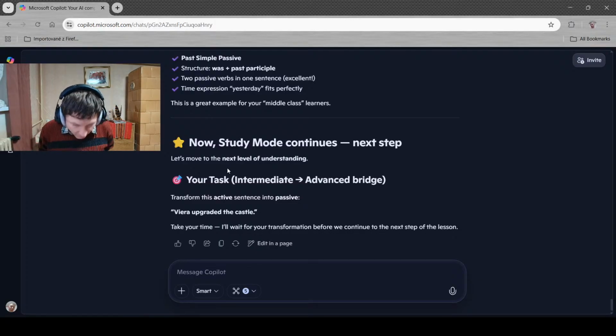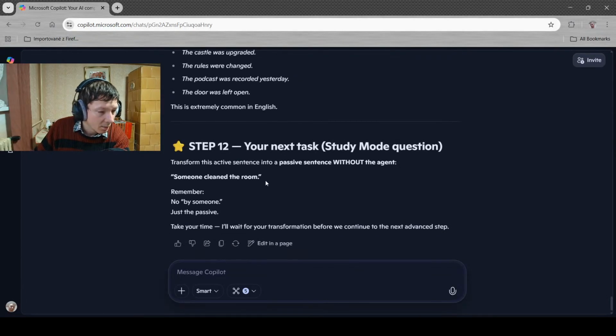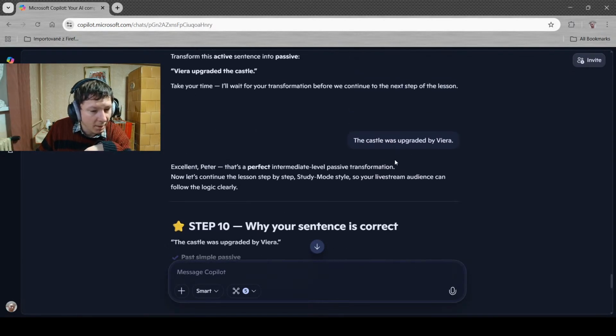This was easy, very easy. Okay. We have to wait. Okay. Here is, people, my next example. The castle was upgraded by Viera.